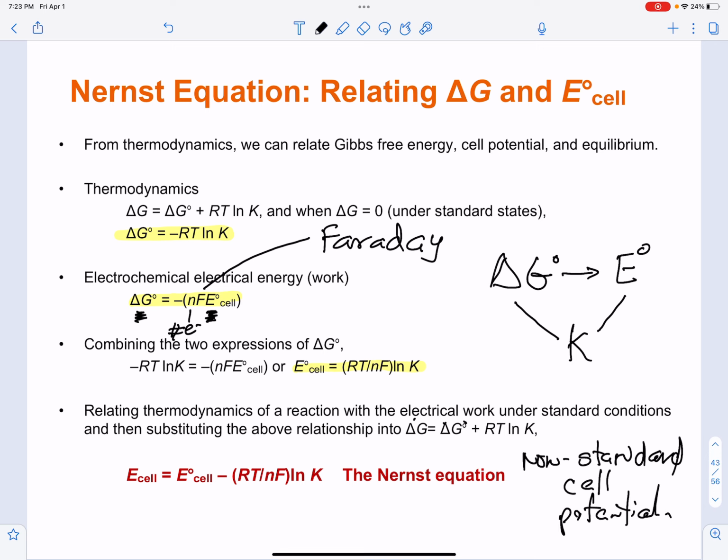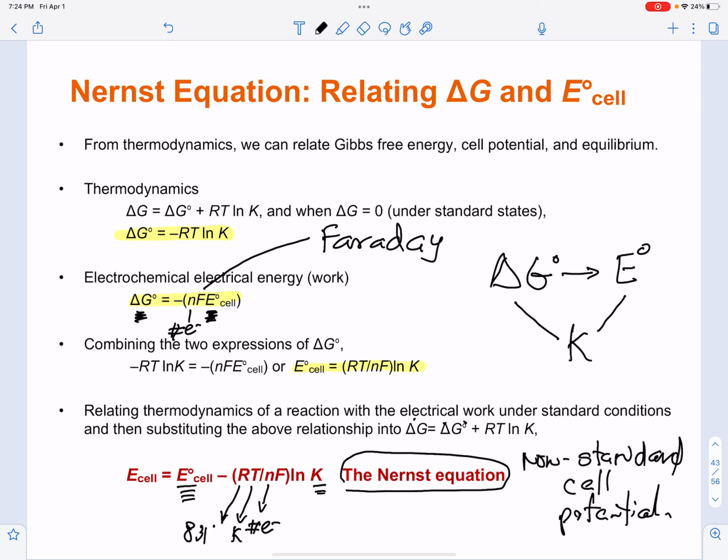And we're going to do that using what we call the Nernst equation, which relates the standard cell potential with the equilibrium constant, the number of electrons, the temperature in Kelvin, the gas constant in energy units, and the Faraday constant.